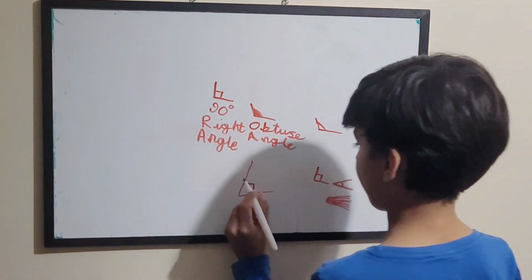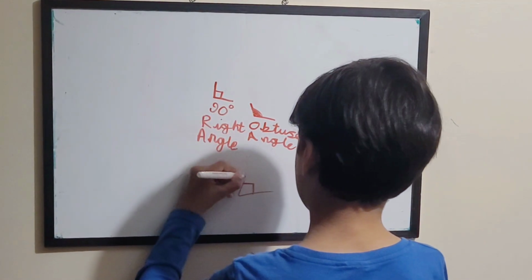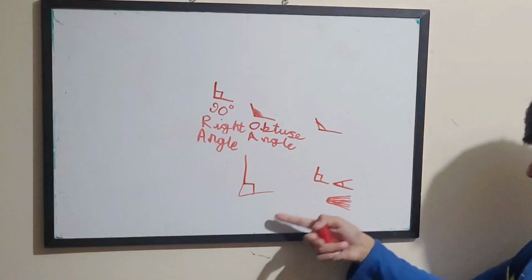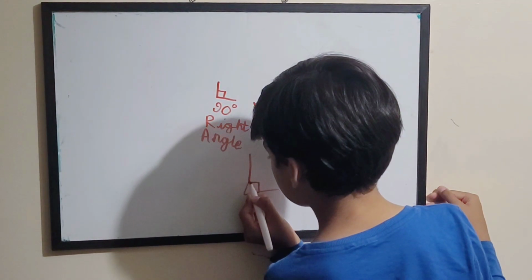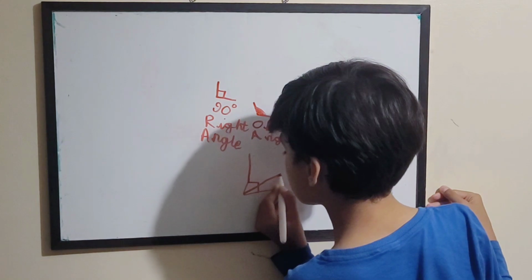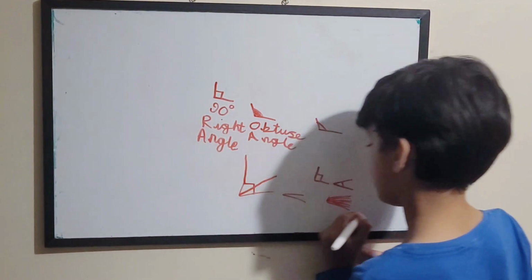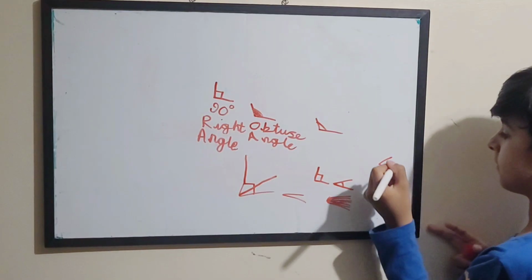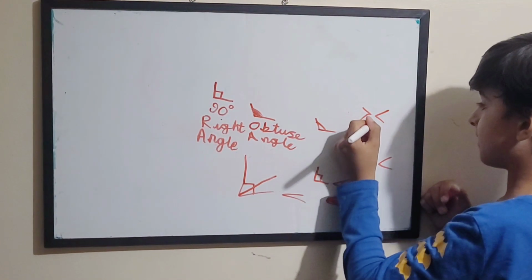So, over here is a right angle. This is smaller than the right angle. Like that. Or even the greater than and less than symbol works. Like this is less than, this is greater than.